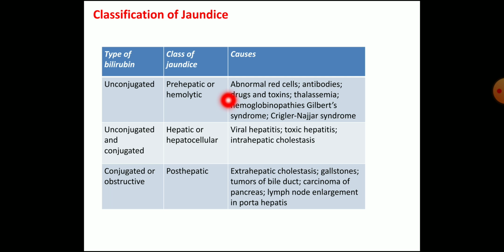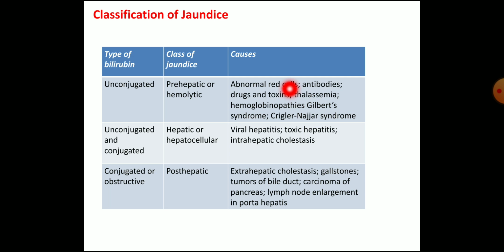So prehepatic jaundice is otherwise known as hemolytic, and the causes are excessive hemolysis or excessive destruction of RBC due to abnormal red cells, antibodies, drugs and toxins, or it may be due to thalassemias, hemoglobinopathies, or Gilbert syndrome or Crigler-Najjar syndrome, which are the two disorders of congenital type of jaundice occurring in newborns.